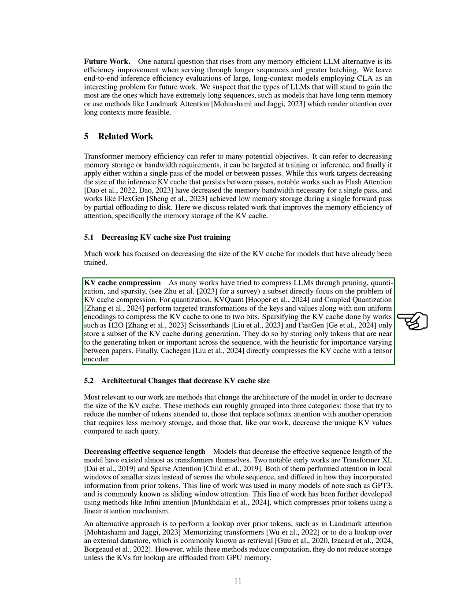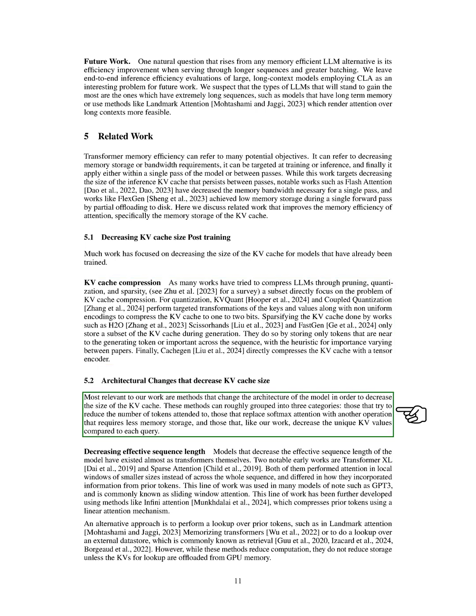Moreover, we have looked into architectural changes that aim to decrease the KV cache size. These changes can be categorized into 3 groups: reducing the number of tokens attended to, replacing softmax attention with operations requiring less memory, and decreasing the unique KV values compared to each query, which is the focus of our work.